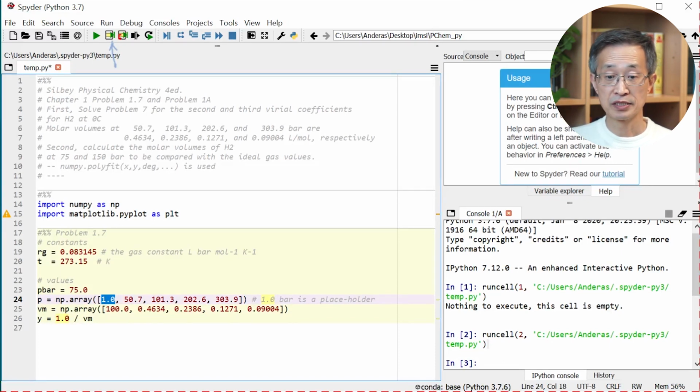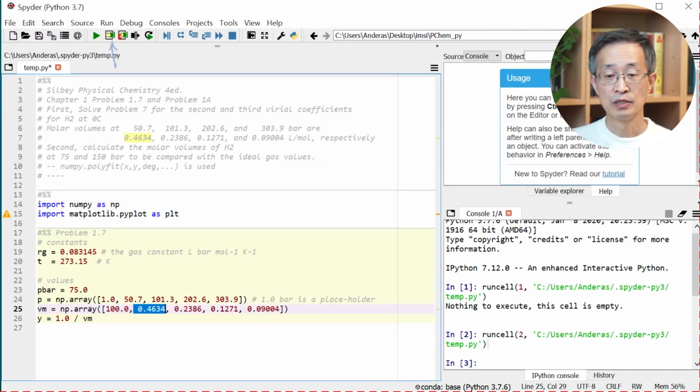So here I just give the P value 1. It's a placeholder, and molar volume is 100. It's just an arbitrary number. We'll replace it with some other value like 0 and 1 later. Okay. Then 50.7 bar, 101.3 bar, 202.6 bar, 303.9 bar, and the corresponding molar volumes are 0.4634 liter and such liters.